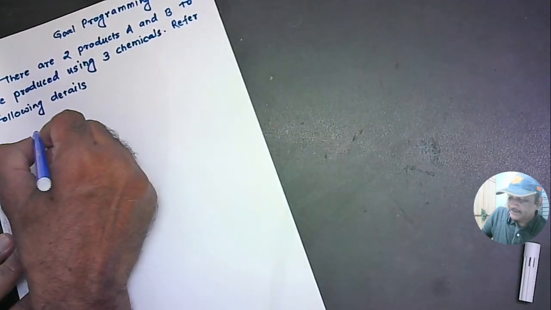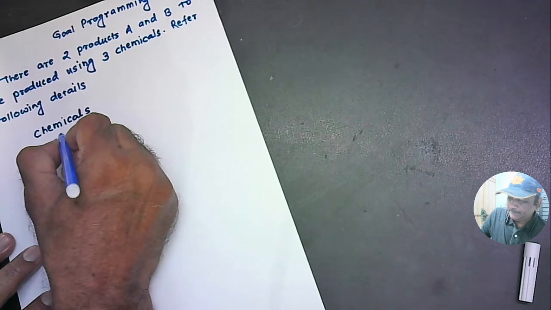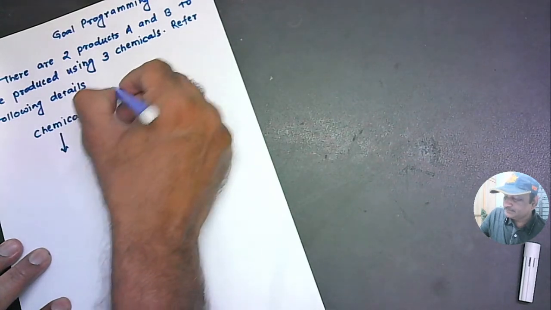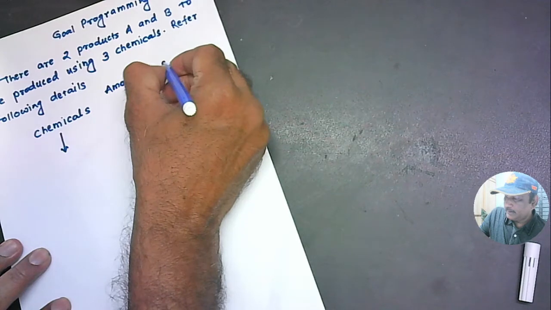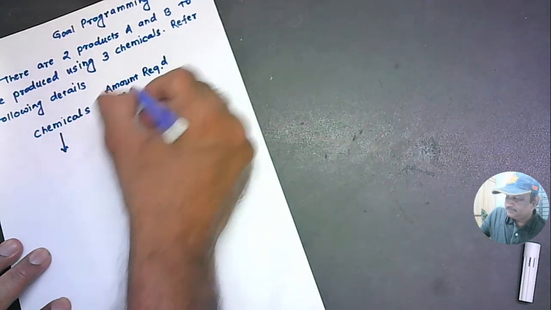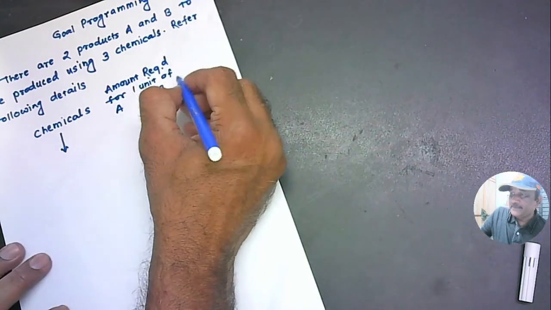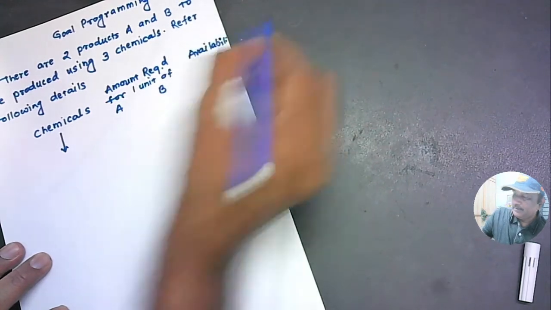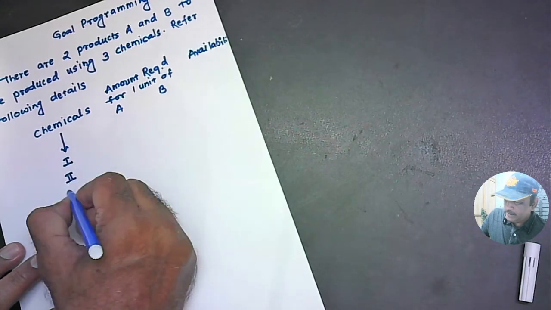So here we have chemicals, the amount required for 1 unit of A and for B, and here is the availability. There are three chemicals, 1, 2, and 3.